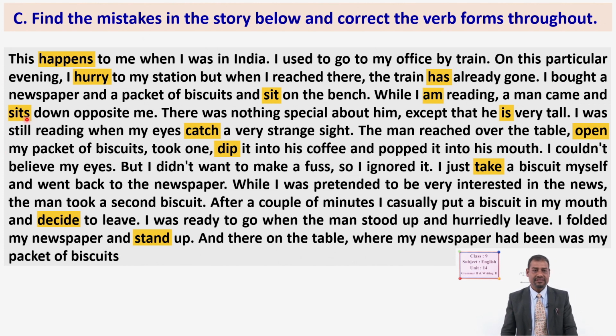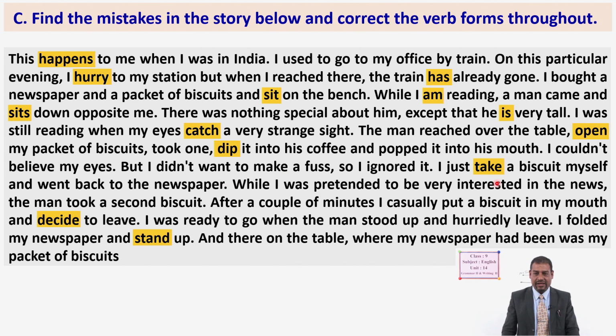Likewise, we have here sits. So that man came and sits, that is wrong. Two actions happened together. First came and sat. So sits should be changed into sat. Like this, catch should be changed into caught, and this is should be changed into was, and then again we have this open should be changed into opened, and we have here dip should be changed into simple past, dipped.